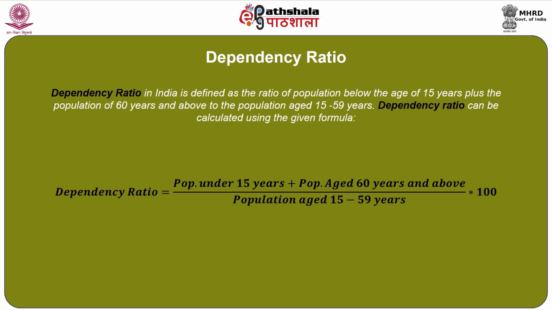Dependency ratio is equal to population under 15 years plus population aged 60 years and above into 100 by population aged 15 to 59 years. This calculation could be used to know the dependency ratio.